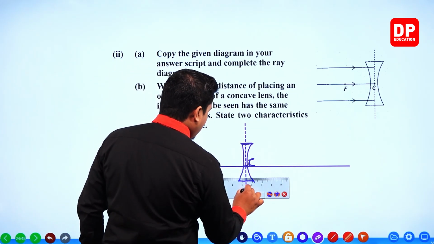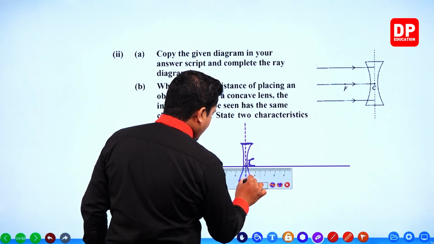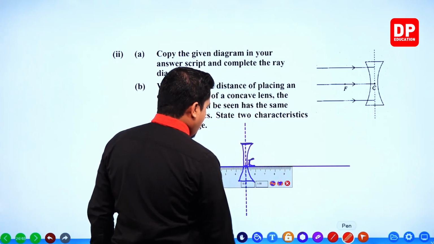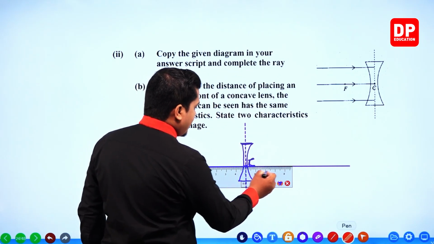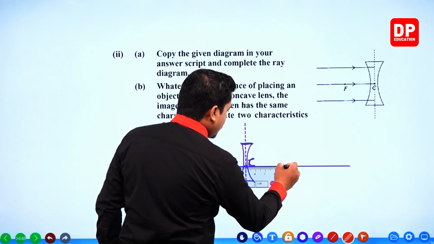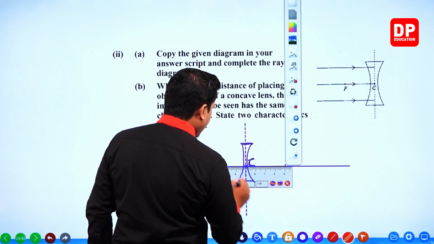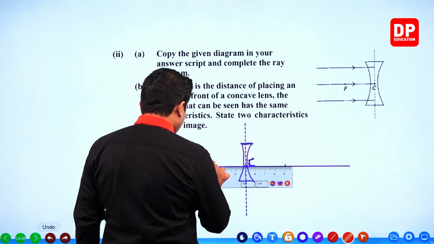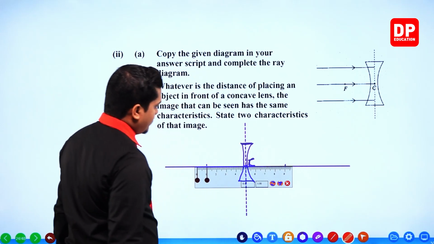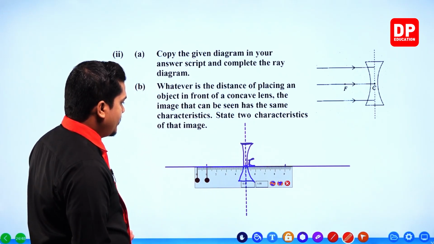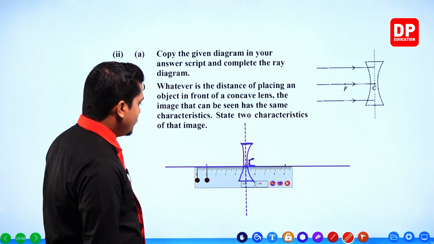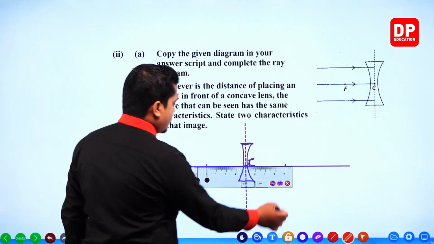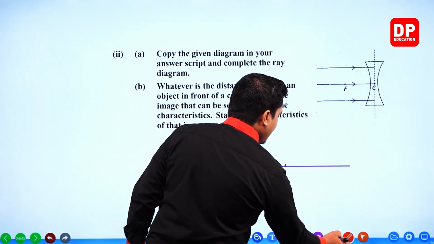I'll place the ruler like this from the midpoint. Then I'm going to mark. From 5, I'll take 4 centimeters, up to here. This is 9. Then again from here, this is 1. Just mark it like this. That's enough. Now the focal points are okay. From 5 to 9, 4 centimeters. Then here 4 centimeters once again. So we have marked the focal points.